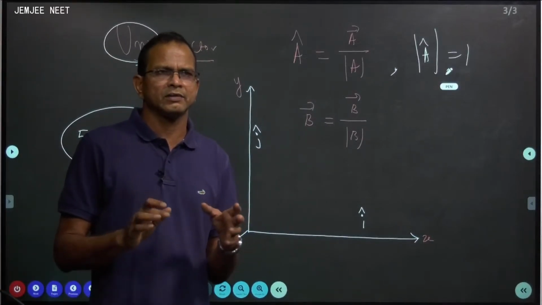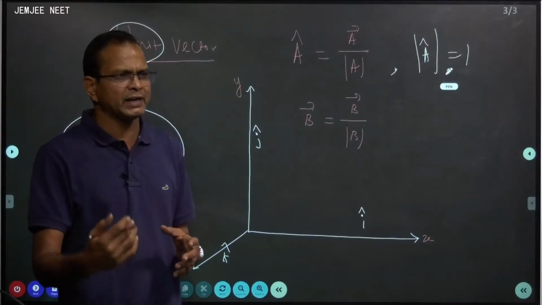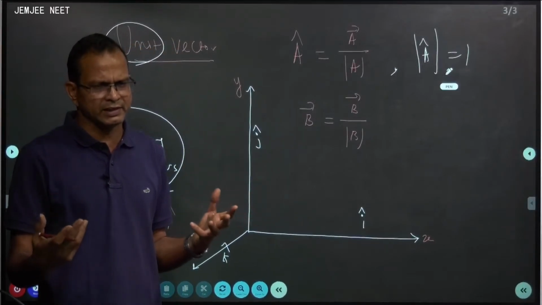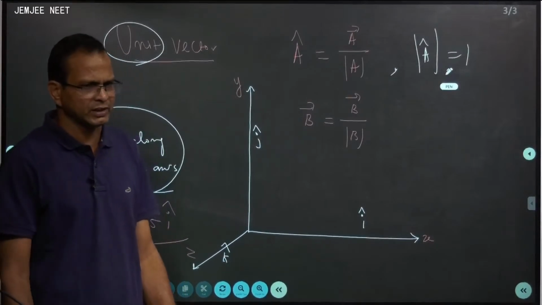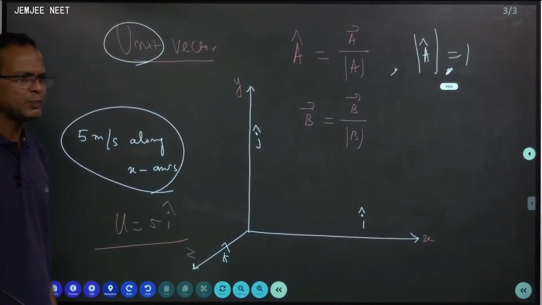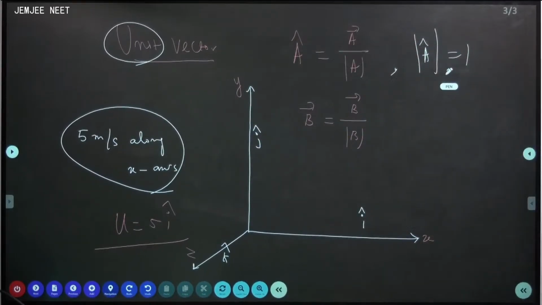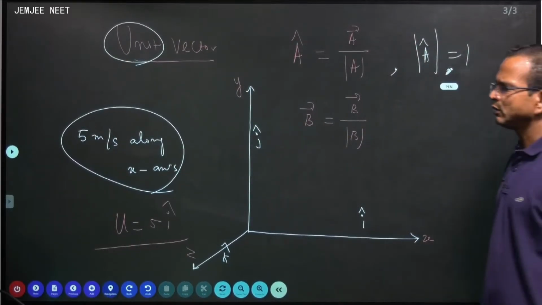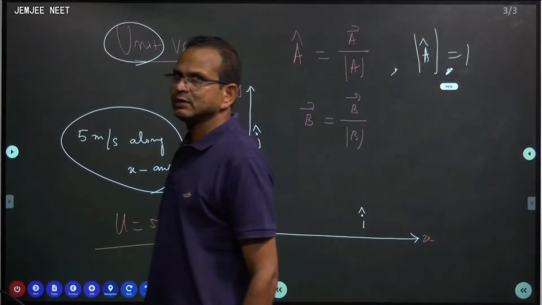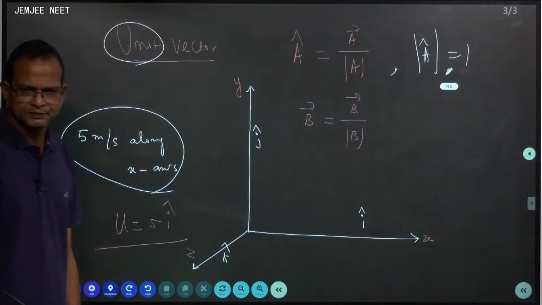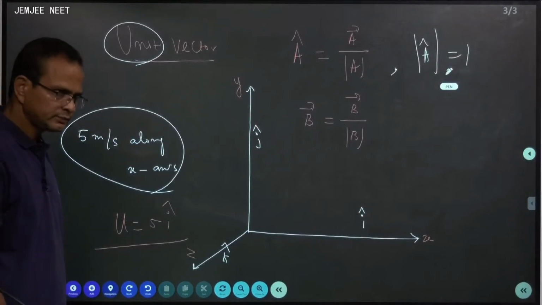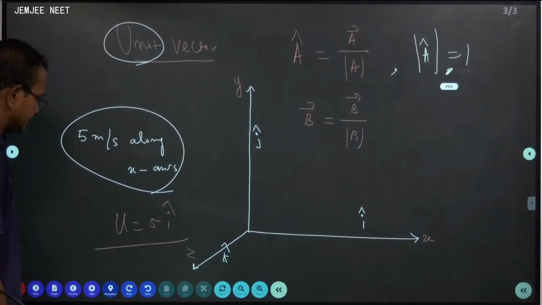The ratio between the vector and its magnitude gives you the unit vector. Universally we are using I cap, J cap and K cap, the unit vectors along X, Y and Z axis respectively. Getting the point? Yes, sir. Excellent.